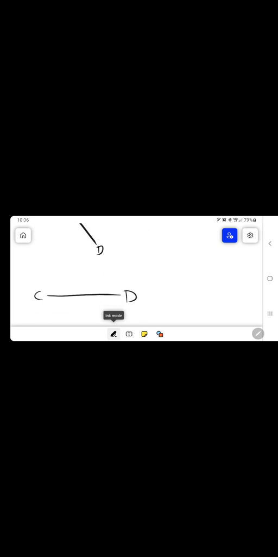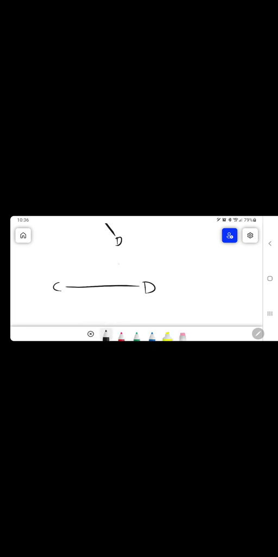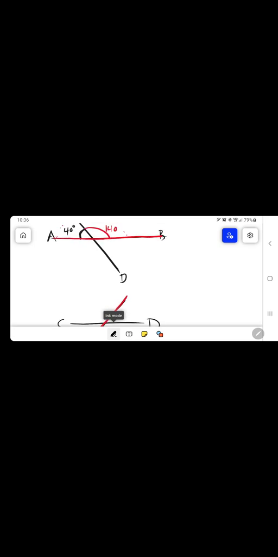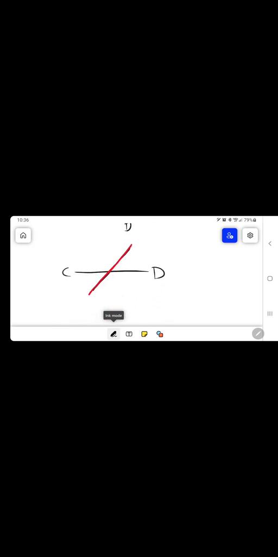And then we had, so if we had the lines look like this, where this was A, B, right?